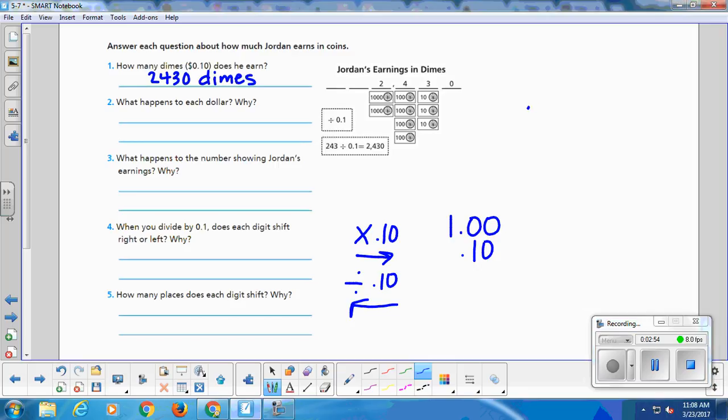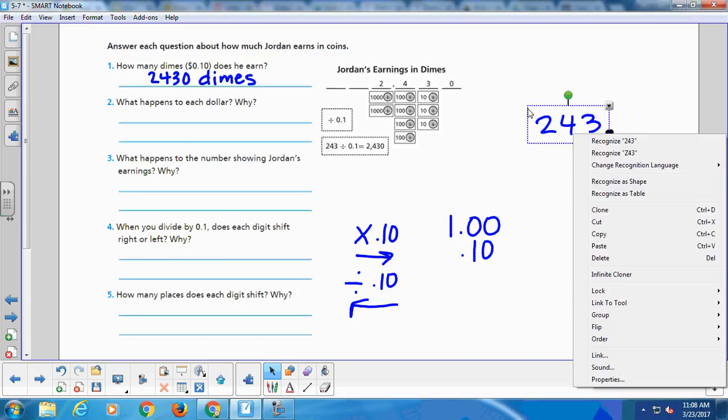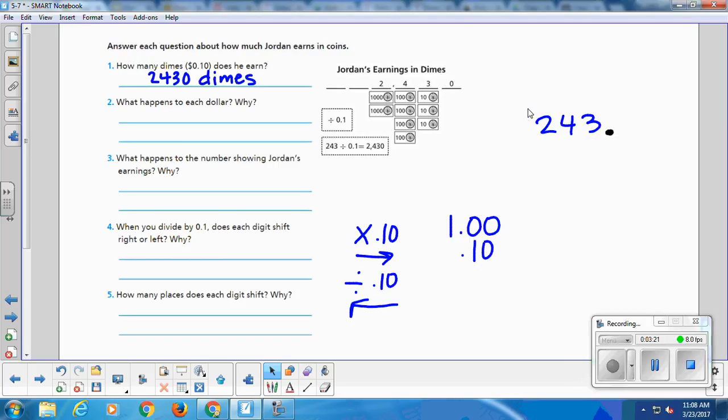So basically, 243, that's where our decimal is, right? Wait, hold on. I wanted to make the decimal by itself. 243. Here is my decimal, right? If I were dividing by 1/10, I'm going to shift the numbers to the left.